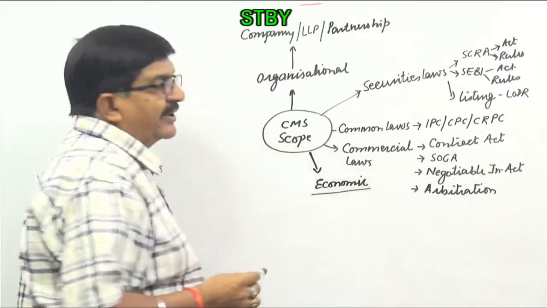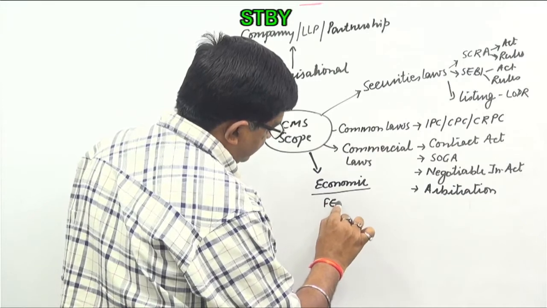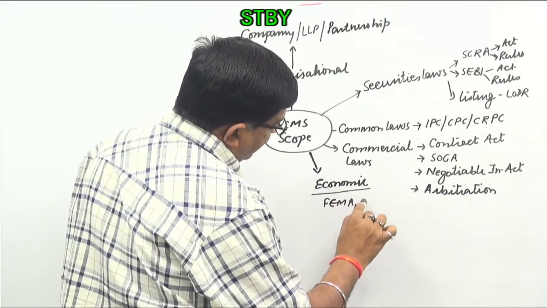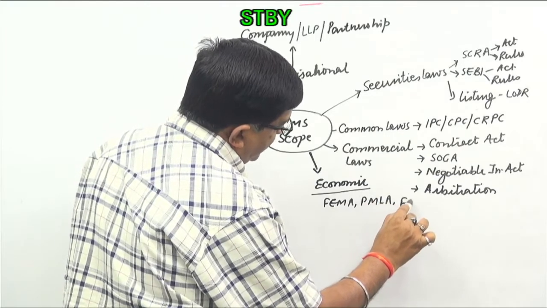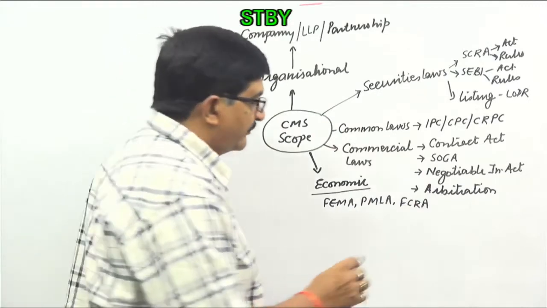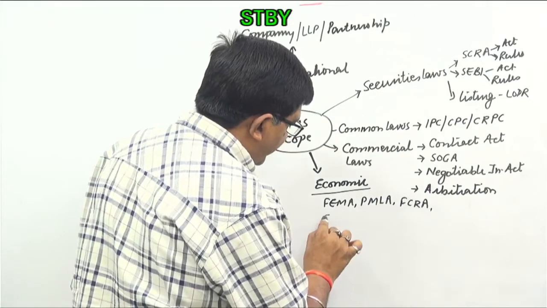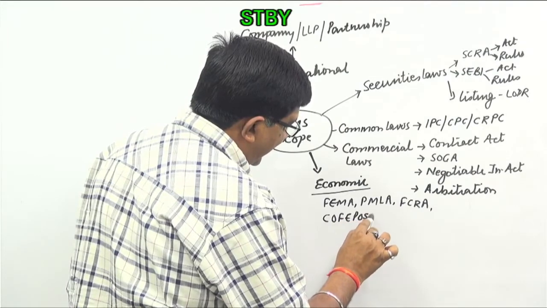Under economic laws, you have FEMA. We have Prevention of Money Laundering. We have the Foreign Contribution Regulation Act. We have COFEPOSA, that is Conservation of Foreign Exchange and Prevention of Smuggling Activities Act.